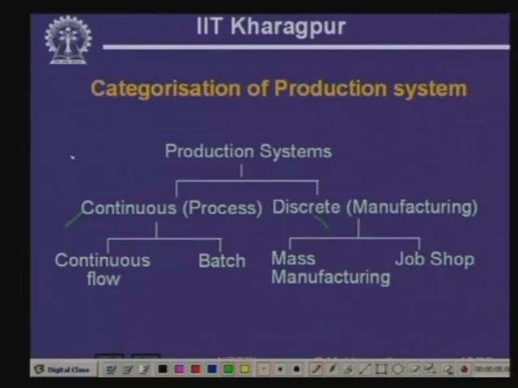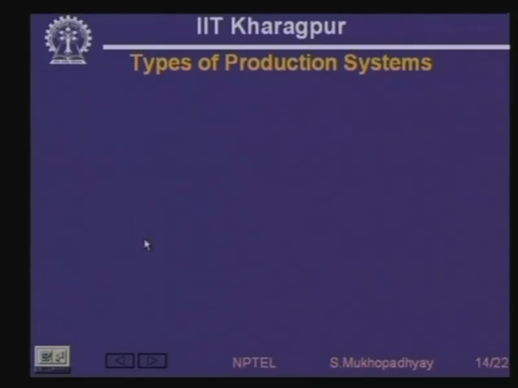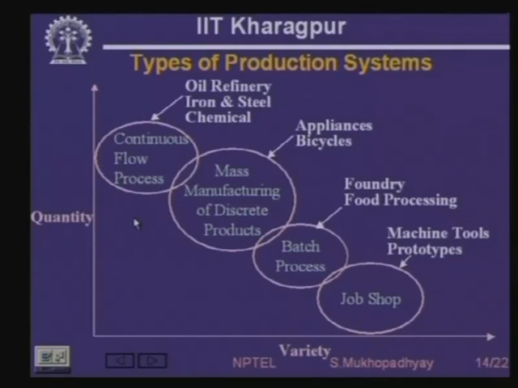So, this is the categorization of production systems, and if you organize them, you will see how they look on the quantity variety chart. On this side is a graph, and on this side you have the quantity for each given type of product, and on this side you have the variety of the types of product that the factory produces.